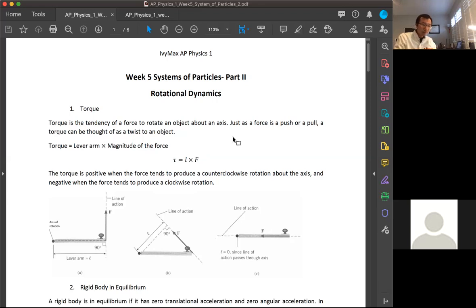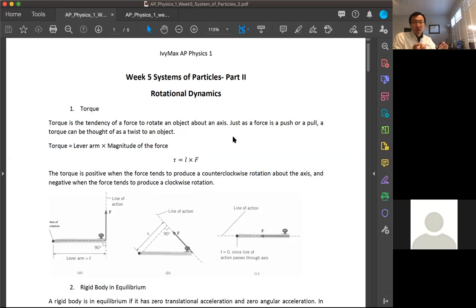Okay. Starting from torque, since torque is the tendency of a force to rotate an object about an axis, right? Studying the force itself is not enough. So we need to introduce new quantities to describe the rotational behavior.